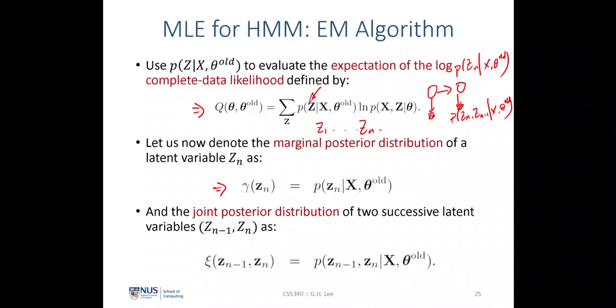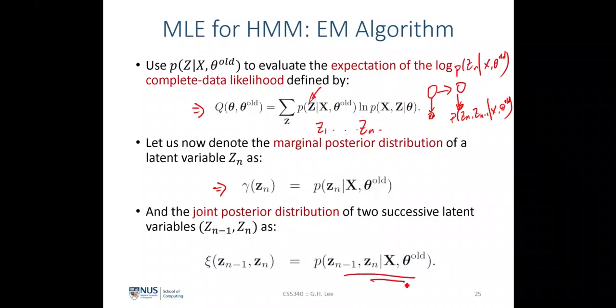Now, as I've mentioned earlier, due to the coupling of the latent random variables, there's an additional term that we need to define, which we call psi(z_{n-1}, z_n). This is essentially equivalent to the posterior joint distribution of z_{n-1}, z_n conditional upon x and θ_old.